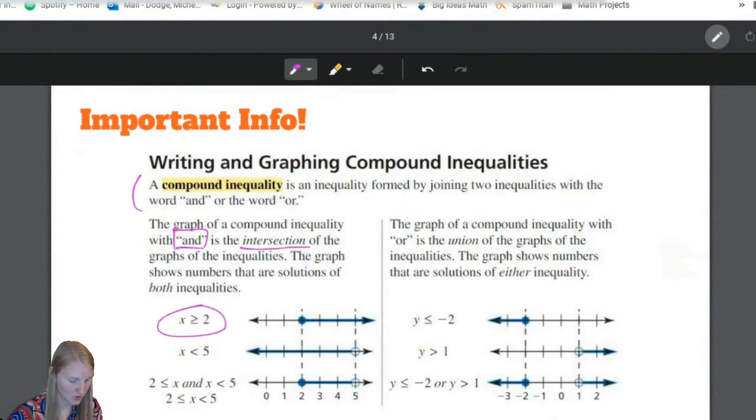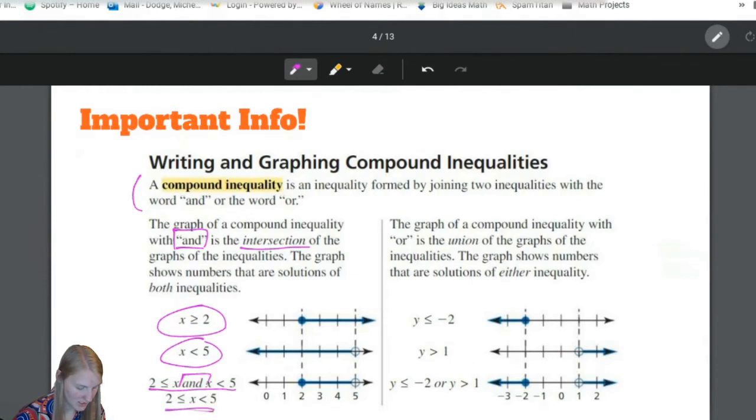We have x is greater than or equal to 2, and that's this graph. Here we have x is less than 5, and that's this graph. But when you say and, x is greater than 2 and x is less than 5, you can combine it. Clear.